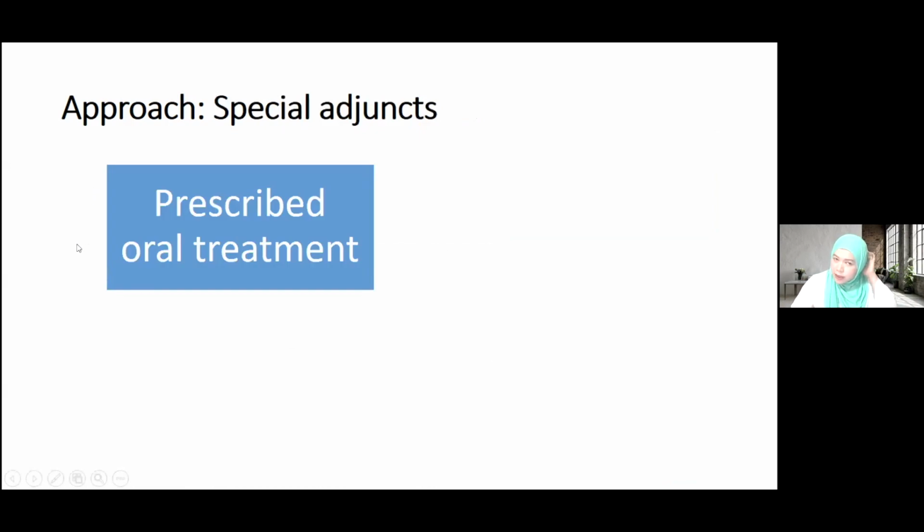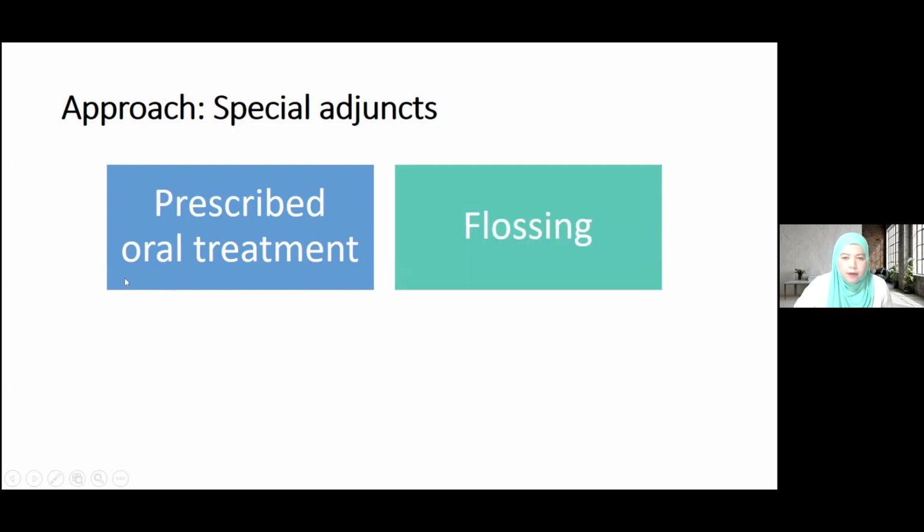Lastly, for any special adjuncts, if they have been prescribed any oral treatment, such as high concentration fluoride toothpaste, whether they need use of Corsodyl gel, fluoride rinses, it needs to be incorporated into it. Whether flossing can be done on their own or needs to be assisted.